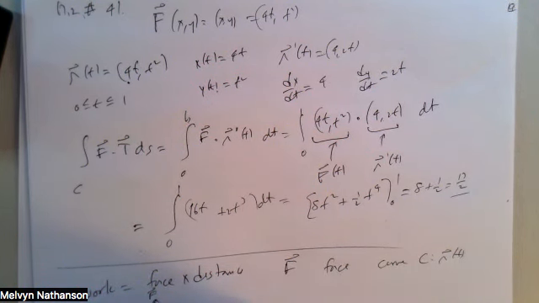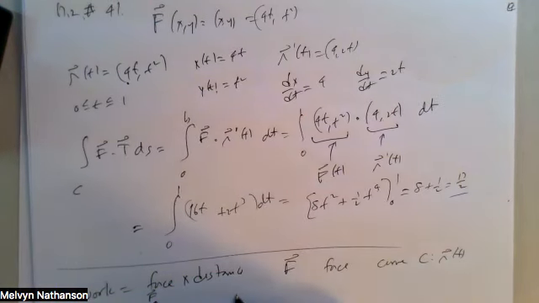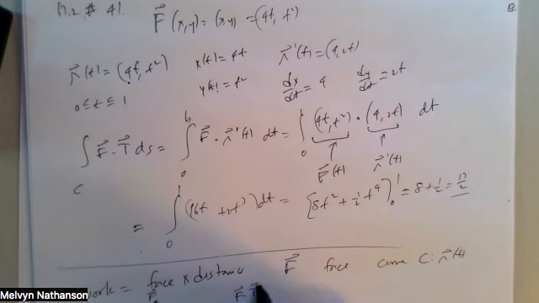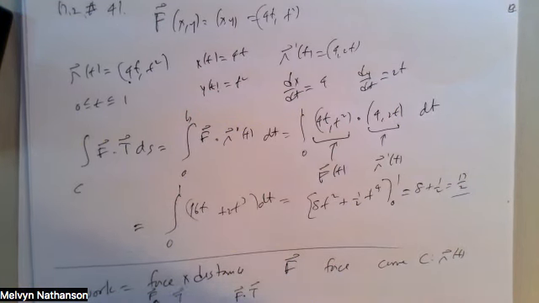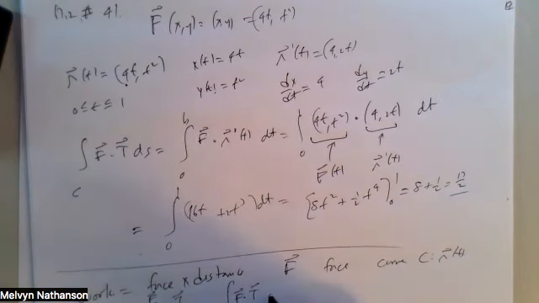So the projection of F here is exactly the component of force in the direction of motion. So the work being done on the particle as it moves along the curve from here to here is exactly the integral around the curve.